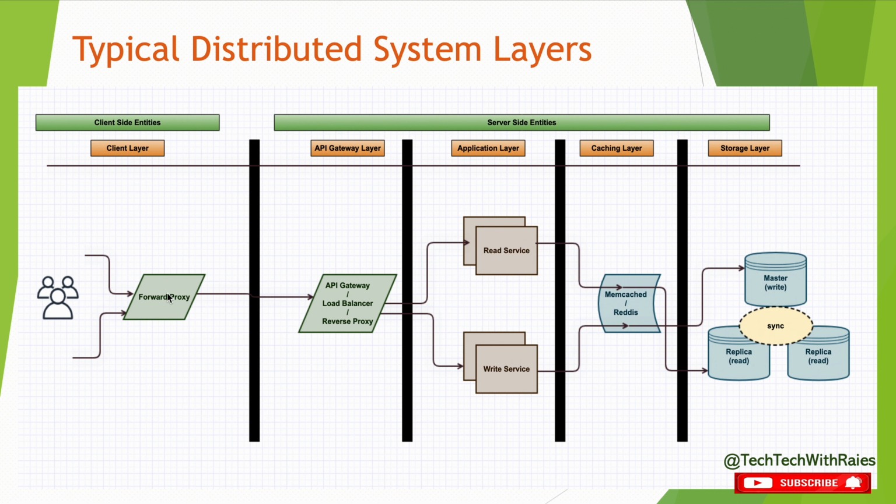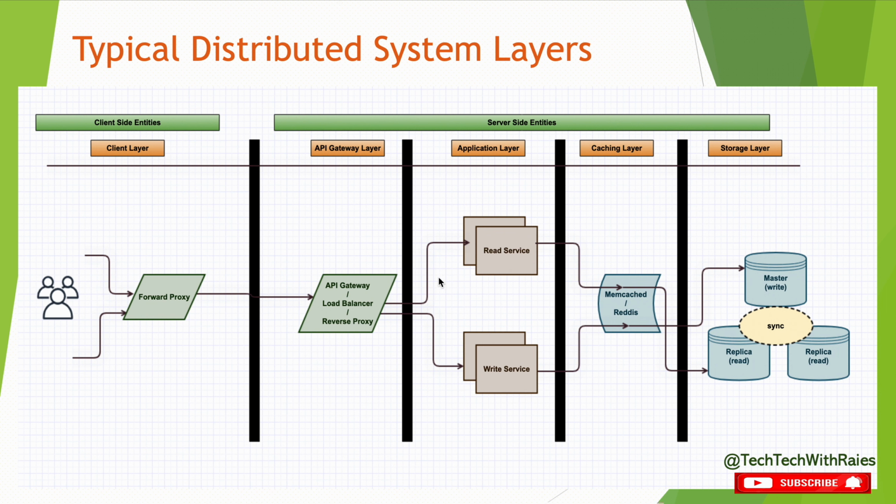Now the user request comes to the API gateway layer. The API gateway layer acts as the entry point to the distributed system. All the authentication, authorization, load balancing, reverse proxy and SSL termination activities are handled at this layer. The request is routed via the load balancer or reverse proxy to the particular service which is responsible for the request.